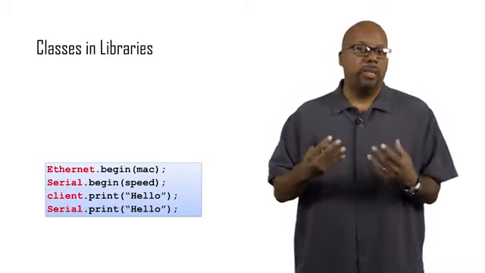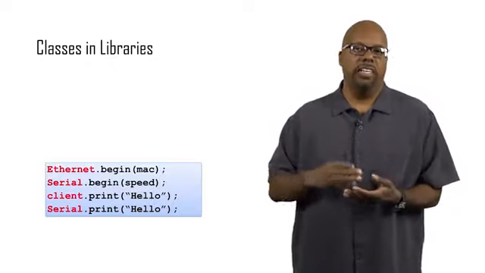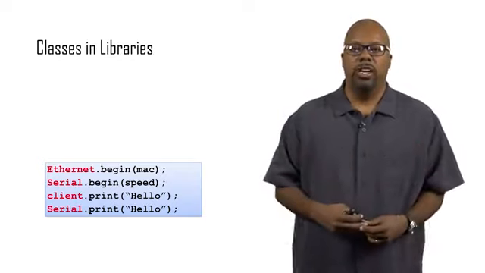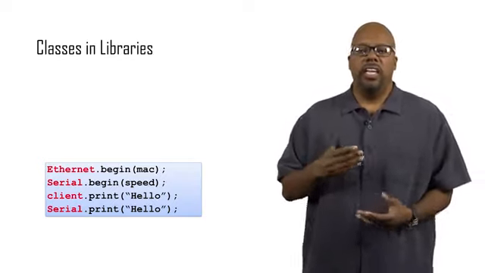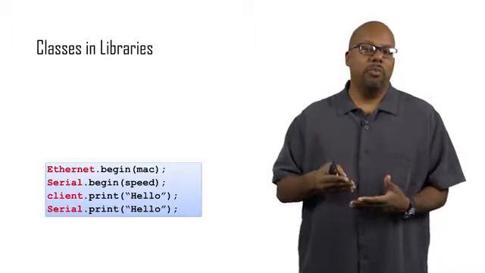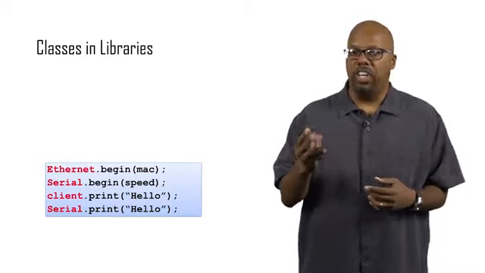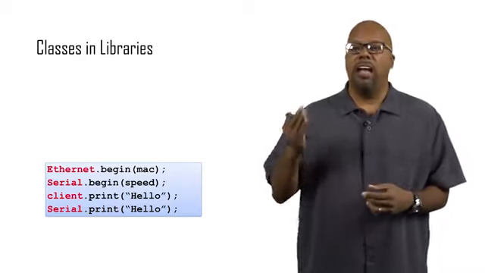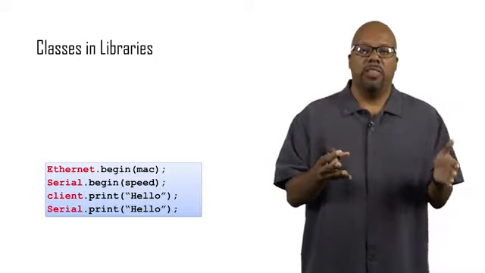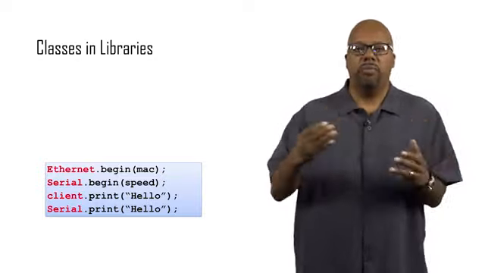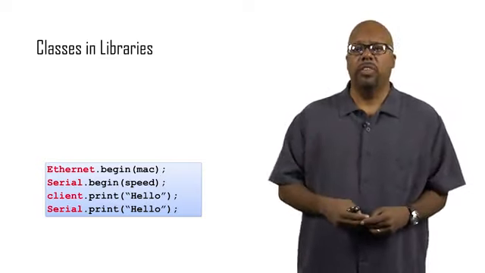So I can't just say begin, I have to say Serial.begin to say I want the begin from the Serial class, the Serial library. Notice that the Ethernet library and the Serial library both have begin functions associated with them. In order for the compiler to know which one I'm referring to, I have to prefix it with the name of the library or the name of the class. So Ethernet.begin, Serial.begin.